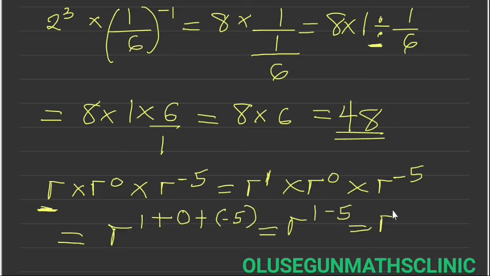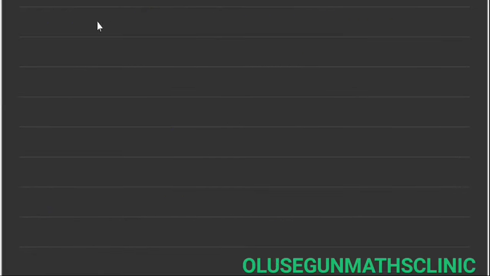It will be r raised to minus 4, which is 1 over r raised to power 4. That is all. So with the stage that I have reached now, I will give a classwork.